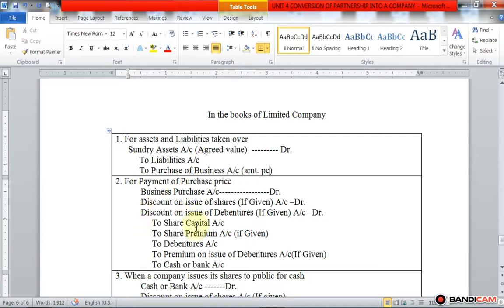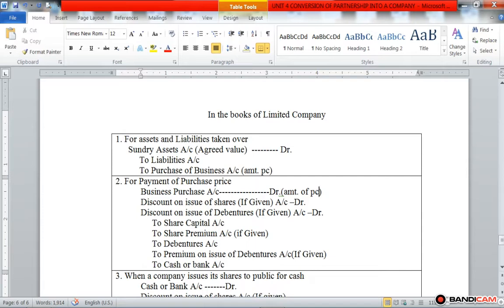Here, amount of PC in brackets means amount of purchase consideration. If the limited company has issued shares at a discount, then share discount is also taken into consideration. If debentures are issued at a discount, then discount on issue of debentures should be taken into consideration, if given. If not given, then we make the entry without considering the discount.